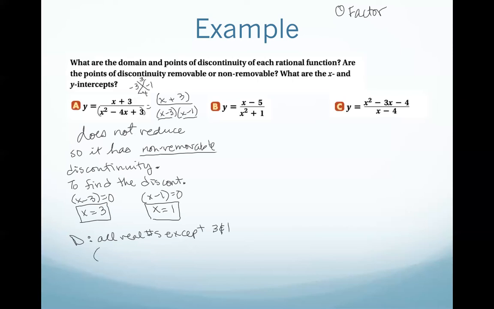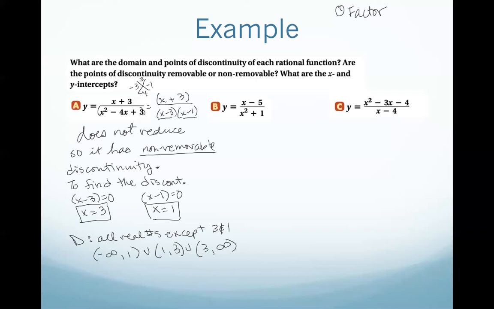So I'm going to write it in interval notation from negative infinity to 3. Whoops, 1 is smaller than 3. From negative infinity to 1, and then from 1 to 3, and then from 3 to infinity. So all of the numbers except for 1 and 3.